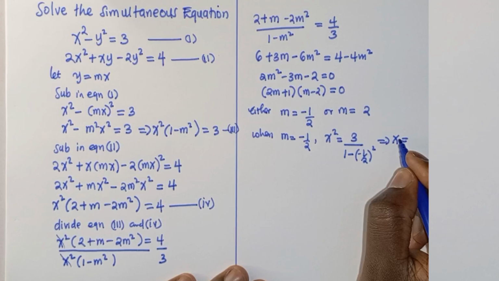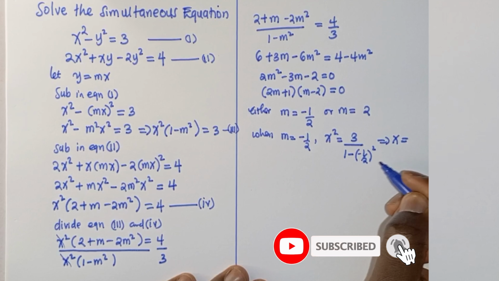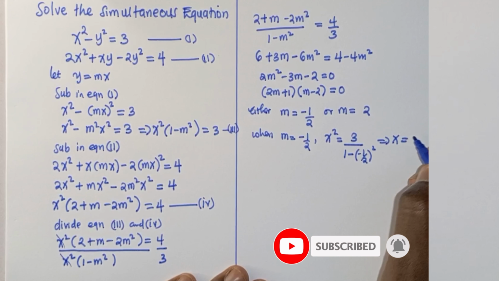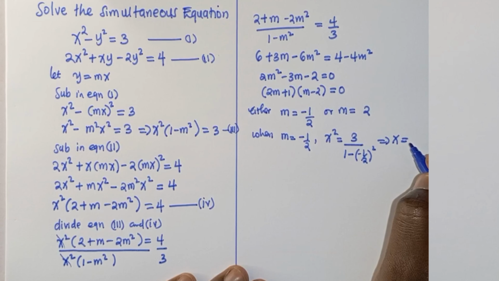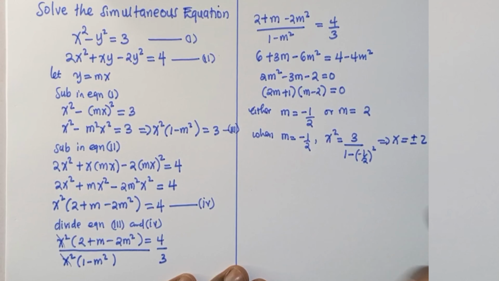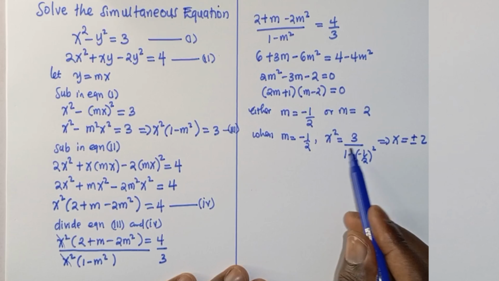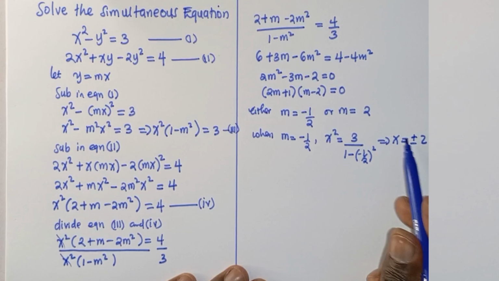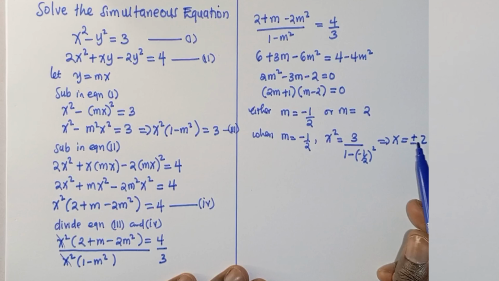Simplifying that, we have x square is equal to 4, and then x becomes plus or minus 2. So that is our x.